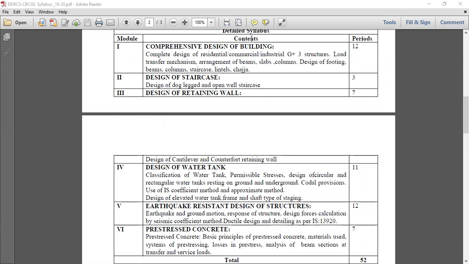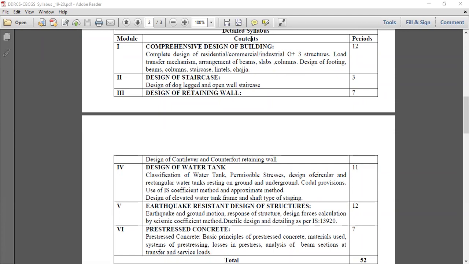Where the wall and the base are cast monolithically, that is called a rigid base. So these are the two types in circular water tanks. And then in rectangular water tanks, we will design by approximate method and by IS code method. So this was the classification of water tanks.